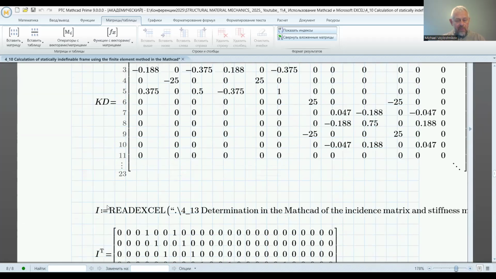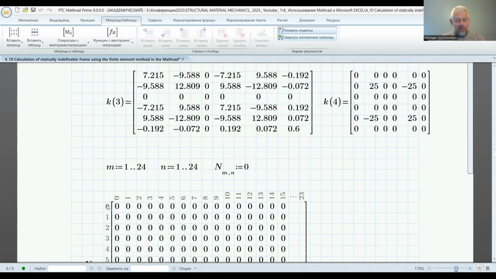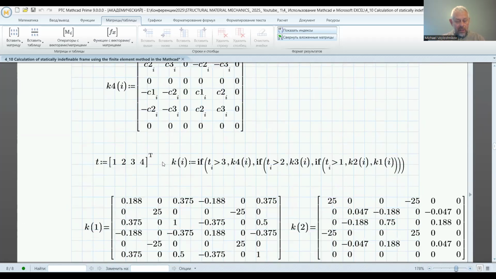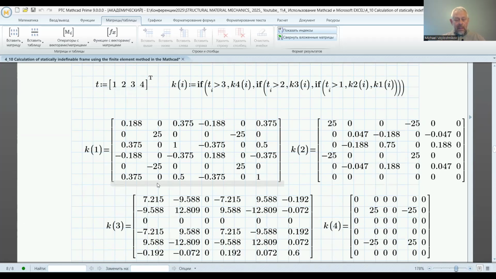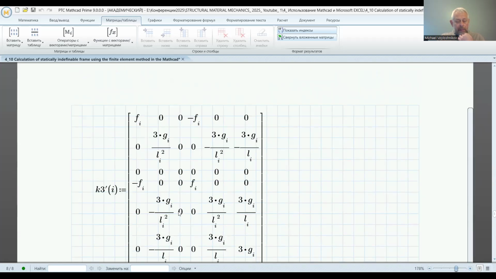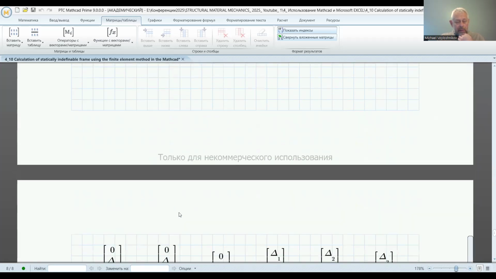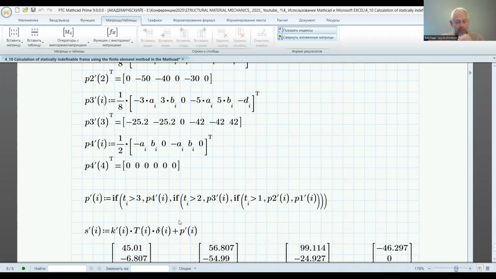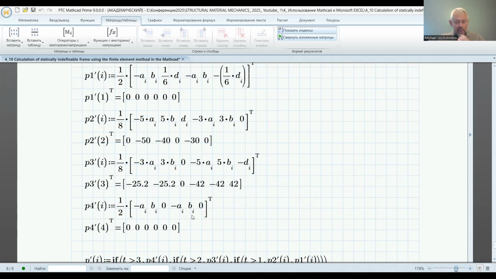We have the definition of the types of finite elements as a vector dependent on I. So we have T, a vector, a transposed description, dependent on the index I. And here we have the dependence on the number and the common array of end forces depending on the type of finite element, and we exclude the number of the type because the factor I, the number of the finite element, corresponds to the type of the finite element and to the appropriate end forces vector.